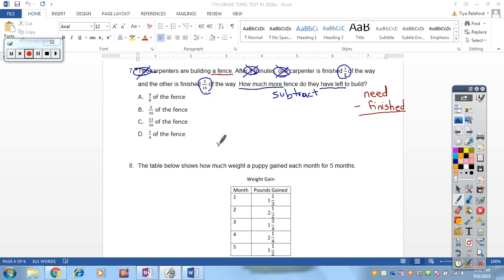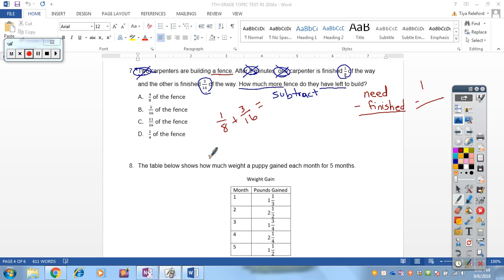One fence, right? So this is one fence minus however many they have finished. They have 1/8 finished, and they have 3/16 finished. So how much did they finish altogether?